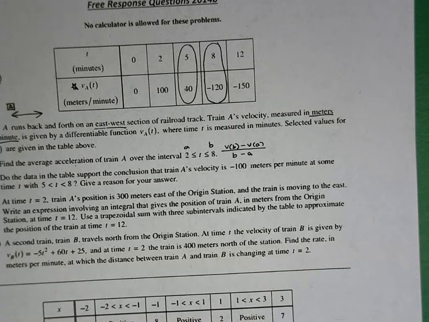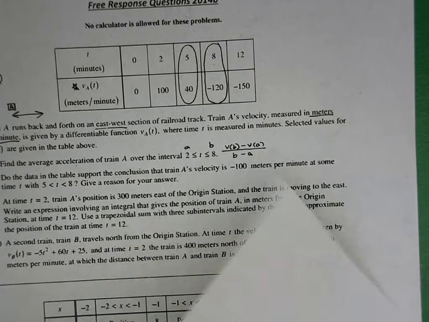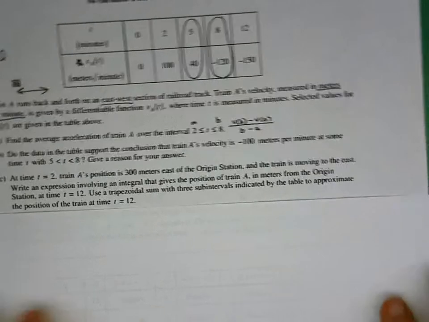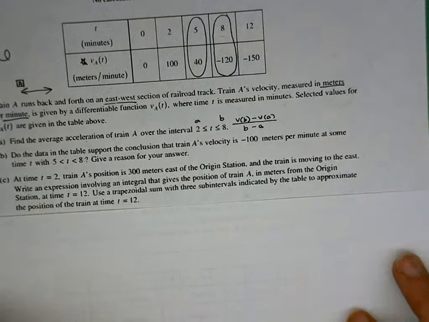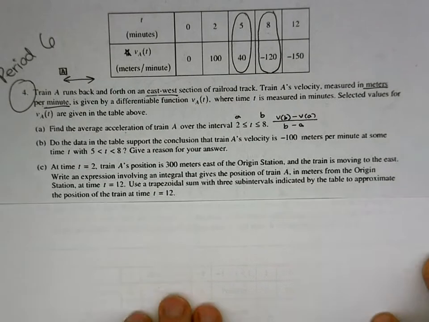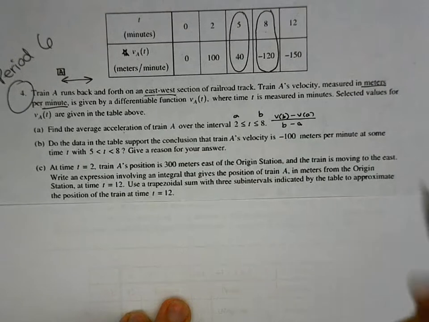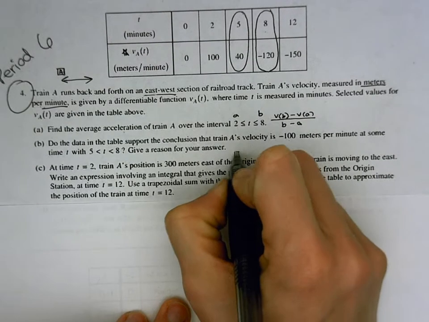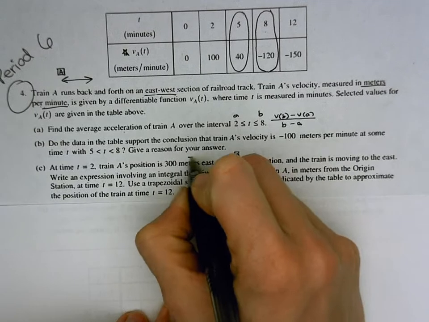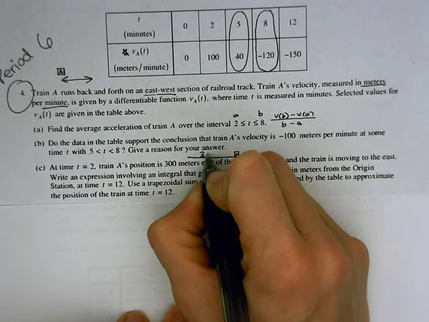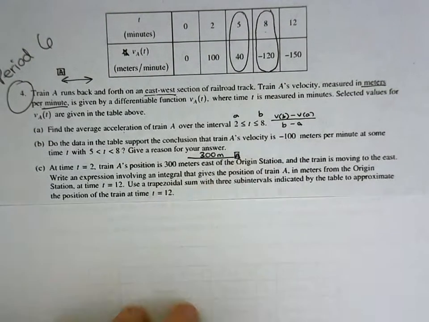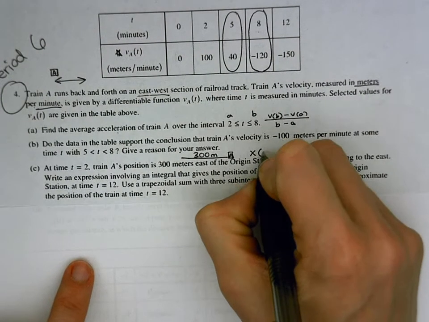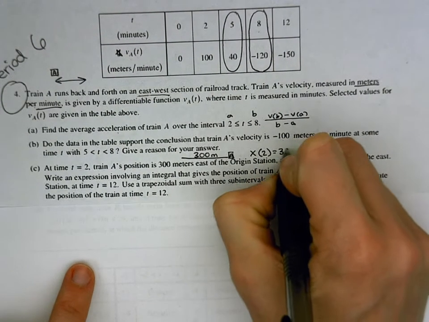Okay, part C. At time t equals 2, train A's position is 300 meters east of the origin station. So I'm already thinking, 300 meters east, somewhere here. Here's train A, some distance from the origin station that I know is 300 meters. This is at time t equals 2, so I'll give it a position here.